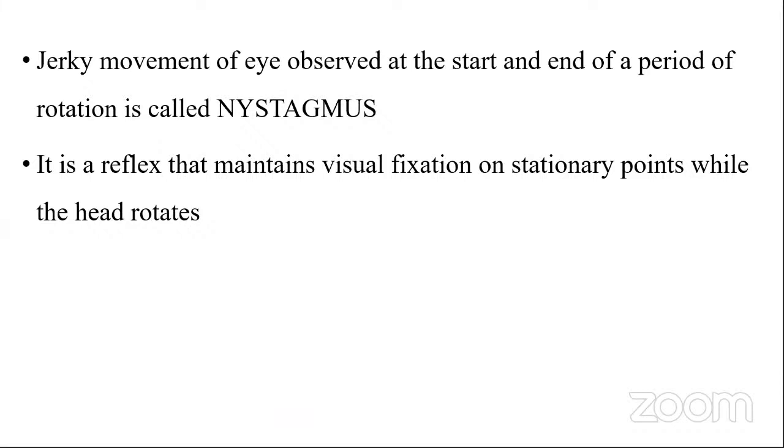Jerky movement of the eye observed at the start and end of a period of rotation is called nystagmus. It is a reflex that maintains visual fixation on stationary points while the head rotates.